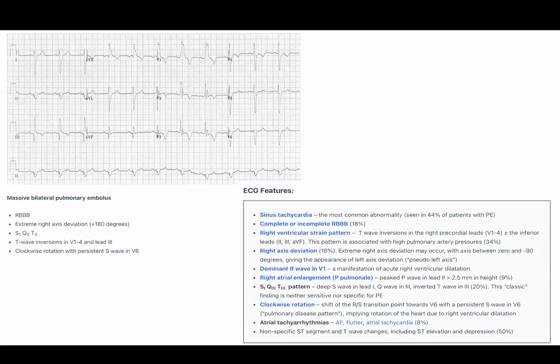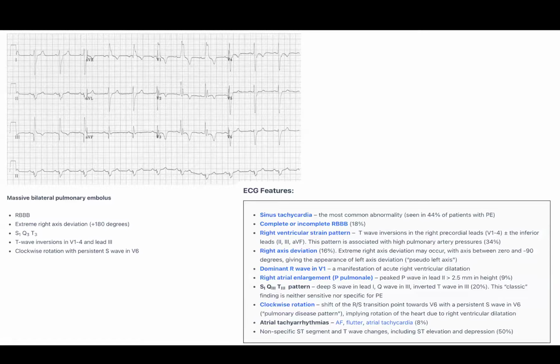So it is a massive bilateral pulmonary embolism. So some of you mentioned right bundle branch block. That's okay. Some of you said S1, Q3, T3. That is also okay. So one or two of them said pulmonary embolism. That's good. So massive, but the important thing to note is S1, Q3, T3.